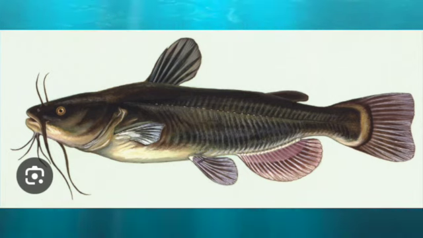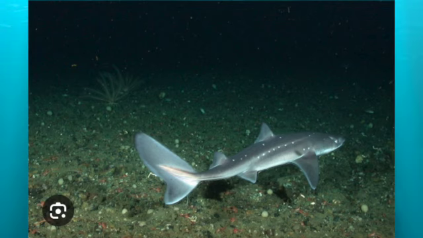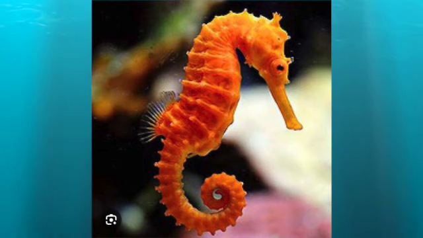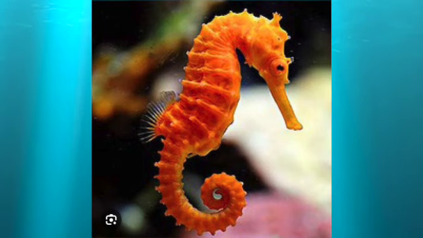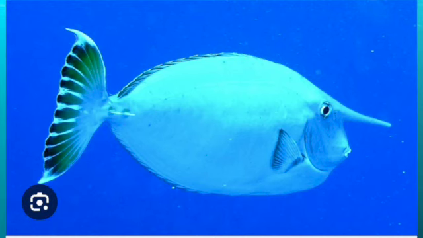That's okay though. And here's a sea dog. It's a shark. So yeah, okay. And here's a seahorse. My favorite of these. This is pretty cool. And the last one is another fish. A unicorn fish. This one is strange.